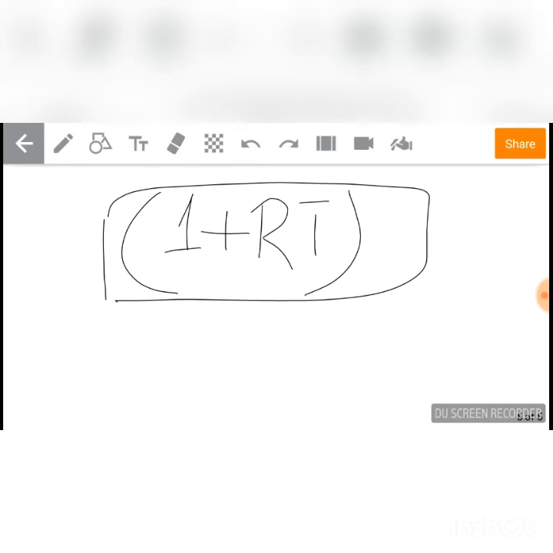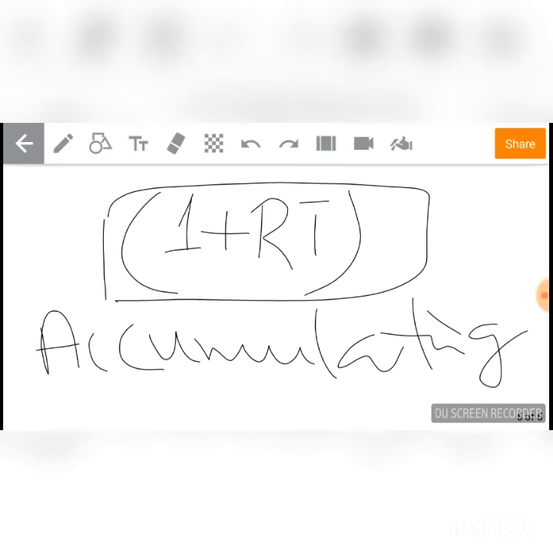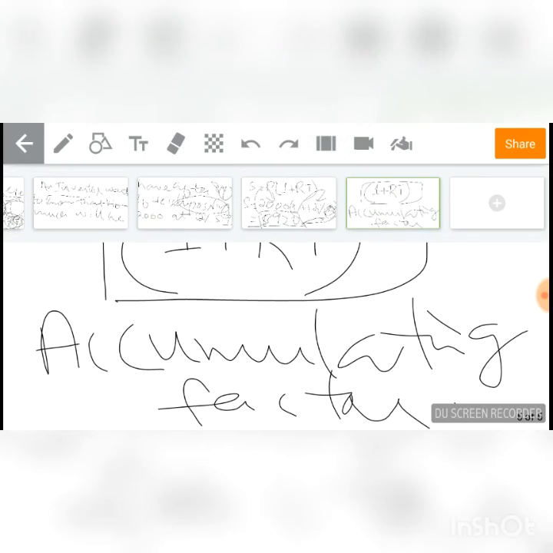The factor 1 plus RT in simple interest is known as the accumulating factor. Okay, this factor is called the accumulating factor, and it is an MCQ point, so you should remember it, because in the exam it could be asked from you. Okay, so now let's move on.